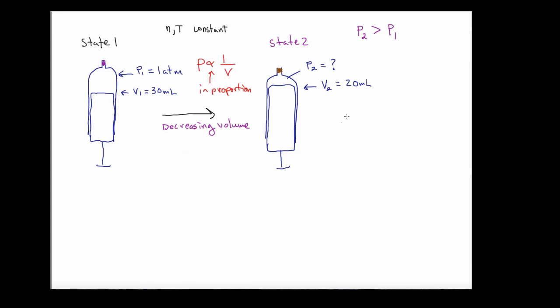All right, so what does that mean exactly? Coming back over here on the right, it means that if we have the volume of a gas and we decrease the volume, which is what we've done here, going from 30 mils to 20 mils, we could see in the video that the pressure had to have increased, because when I let go of the plunger, it shoved the plunger out.